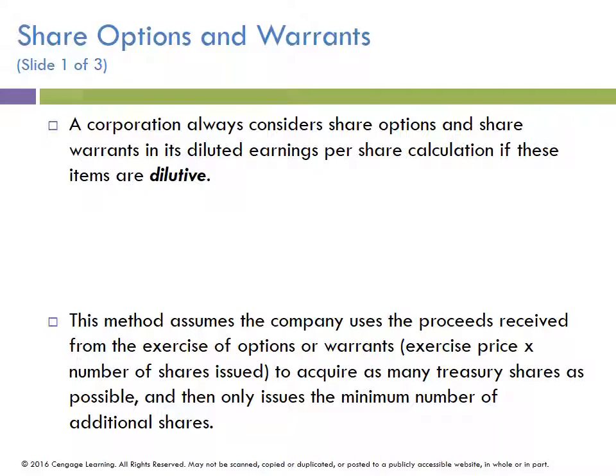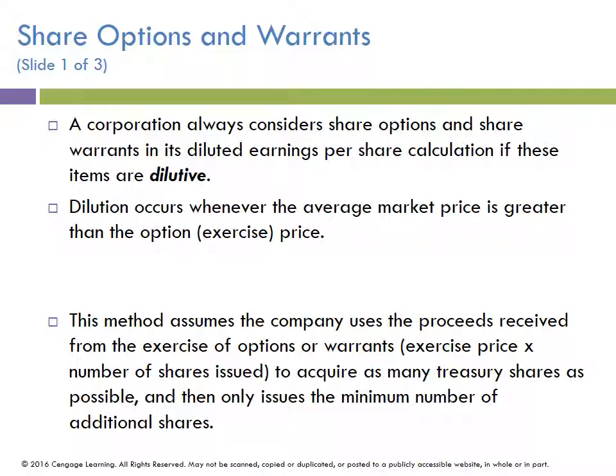Now, a corporation starts with share options and warrants, and it always starts here if these items have a dilutive effect, meaning if they were exercised, they would decrease earnings per share. Dilution will occur when the average market price is greater than the option price, the amount that the holder pays for it.